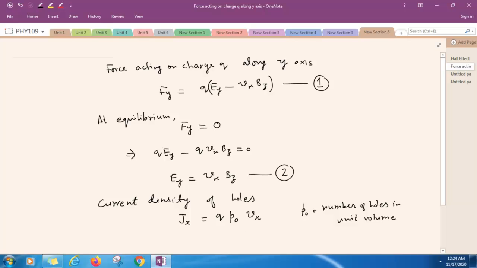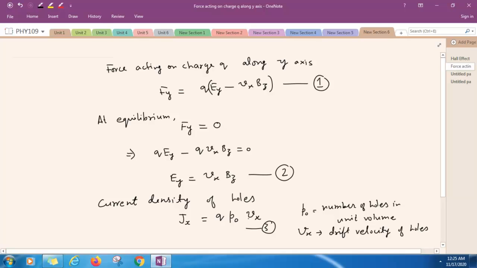Q is the charge of the hole, and Vx is the drift velocity of holes. Okay. Let's suppose this is equation number 3.